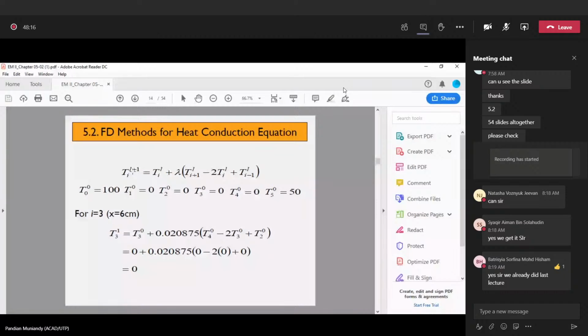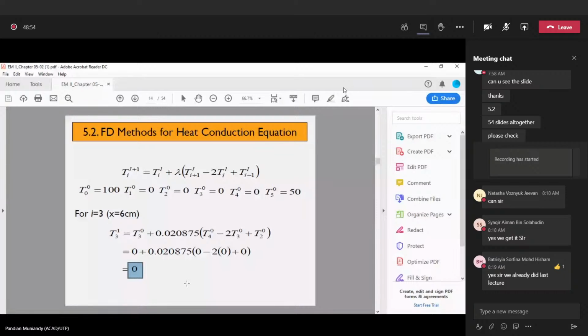T superscript 0 subscript 2 is 0. Take this value, plug in here, 0. And lambda is 0.020875 in the bracket: T superscript 0 subscript 4 is 0, minus 2 T superscript 0 subscript 3, 0, plus T superscript 0 subscript 2, 0. So you calculate, it will equal 0. So temperature at x 6 cm is 0.